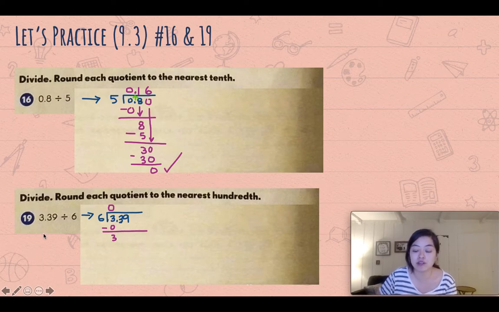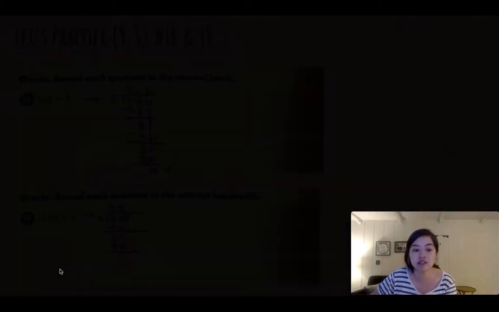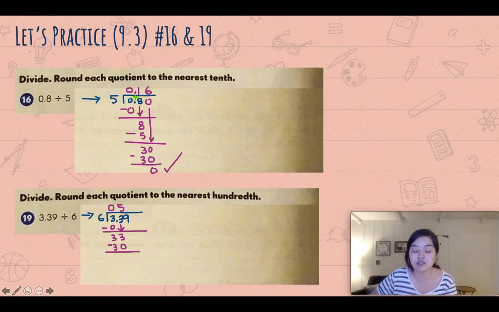Now I'm going to drop the 3 here in the tens place. Okay? So then now 6 times what gets me 33, or close to 33 without going over? That's 5, right? Because 6 times 5 is 30. Okay? And then 33 minus 30 is 3.